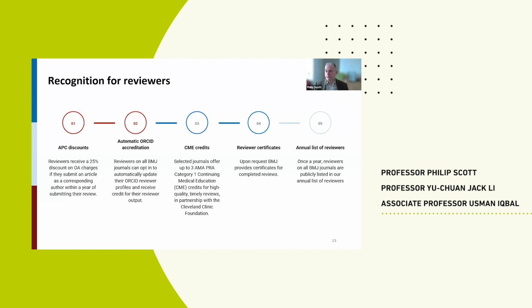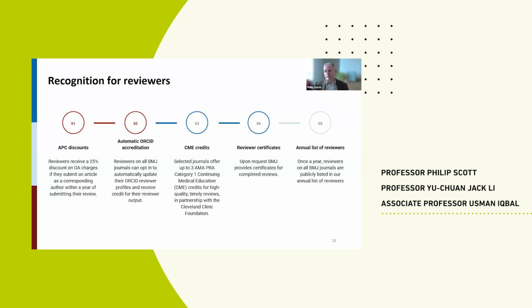Step 2 is accreditation through ORCID. If you're not familiar with ORCID, it's a unique identifier for everyone who publishes in the academic field, and it enables you to link your ORCID profile to the reviews that you've done. So you get credit on your ORCID profile for each of the reviews that you do.